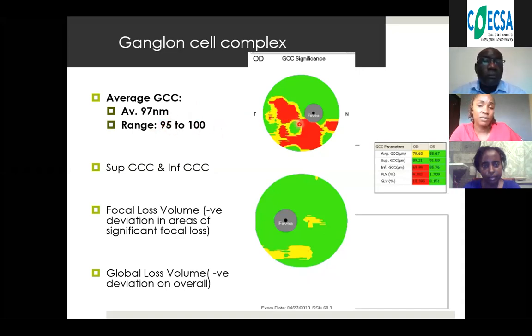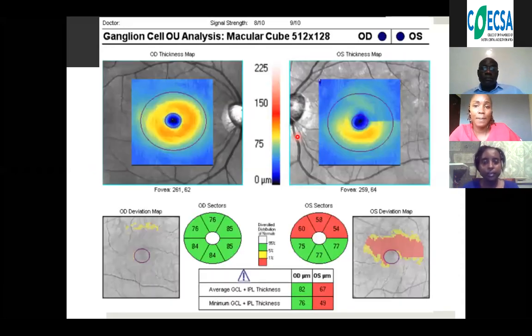And it's also useful, the same way you compare the superior and inferior RNFLs, to also compare the superior and the inferior ganglion cell complex when you're trying to interpret an OCT. Now, in some other machines, like this one from Zeiss, they have the same ganglion cell complex analysis. As you can see in this right eye, it's normal.